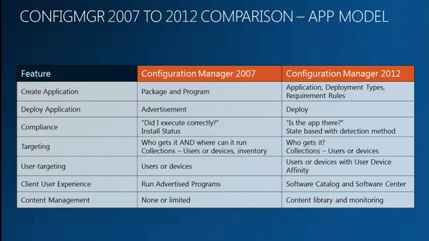The client user experience, I alluded to this earlier with my joke about how run advertised programs is so cool. It's actually terrible for accomplishing a really user-focused software deployment system. And in CM12, we have the software catalog, where users can go to install software that you make available to them. They can search, browse. We also have Software Center, where they can go to set certain properties about their system.